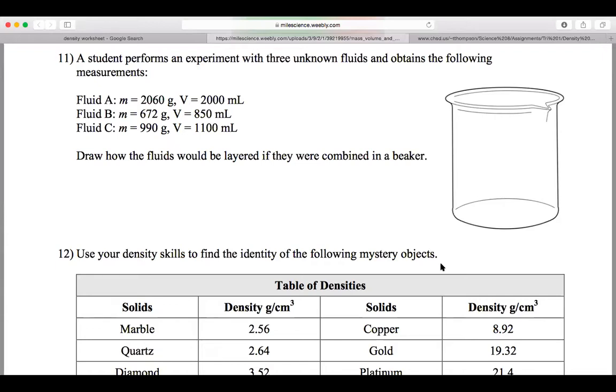And for fluid C? 0.9 grams. Okay, which one will be at the bottom? A. Correct. Second? C. Correct. And then B. So it will be A at the bottom, followed by C, and then B at the very top.